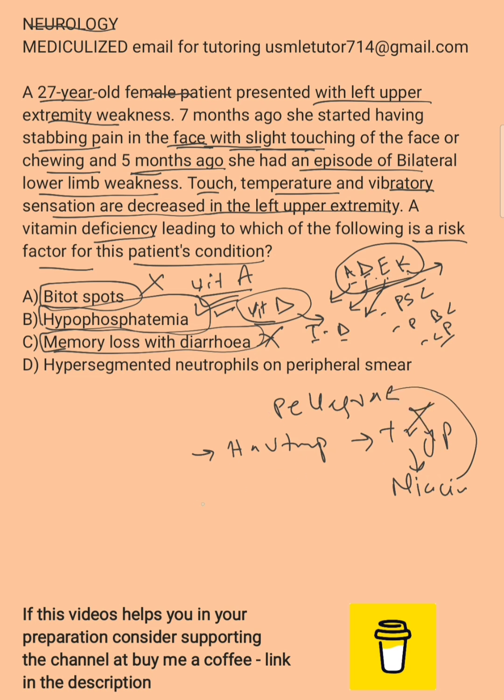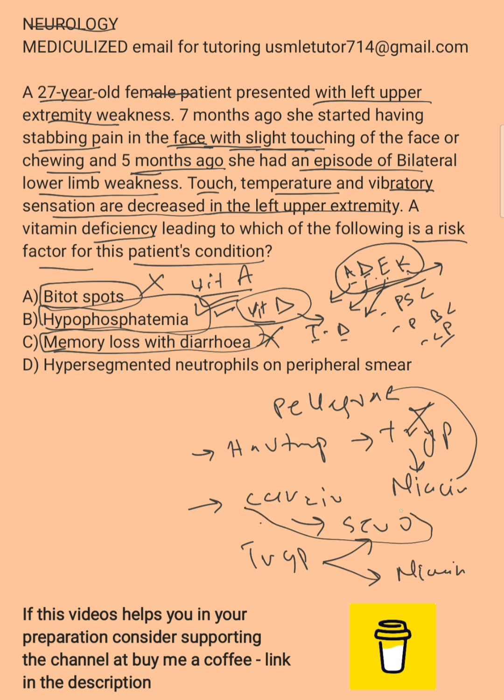Then number 2 is the carcinoid syndrome. In carcinoid, you get a ton of serotonin formation, and remember, tryptophan also forms serotonin, and it also forms niacin. But if you get a tumor or syndrome that is producing a lot of serotonin, all of the tryptophan is going to be shunted there, and nothing is left for the niacin, so you get niacin deficiency.